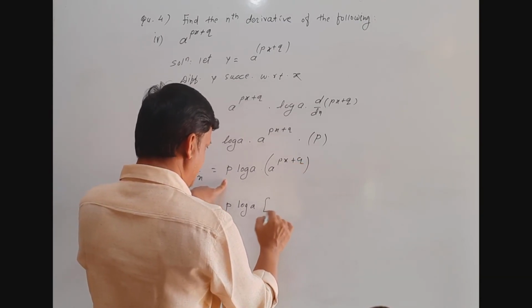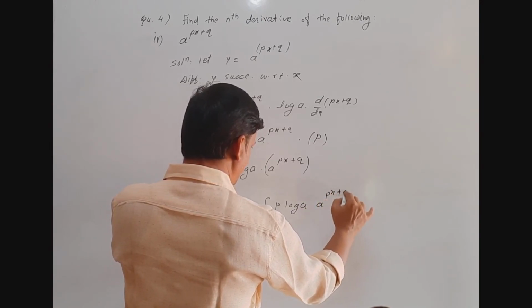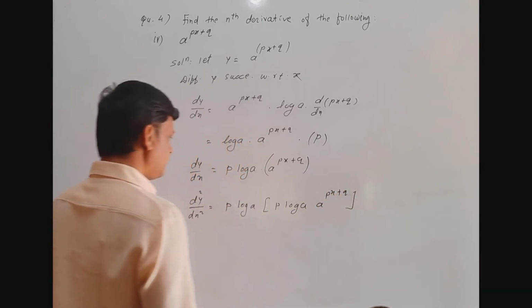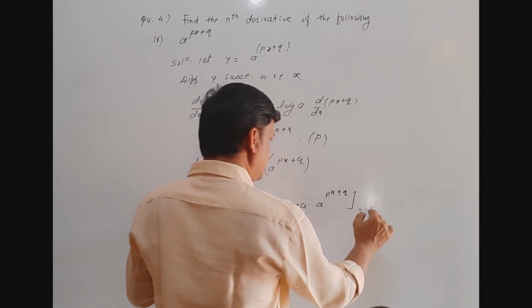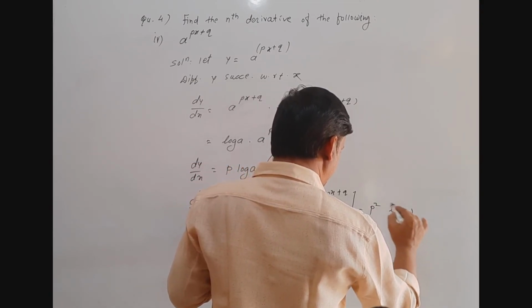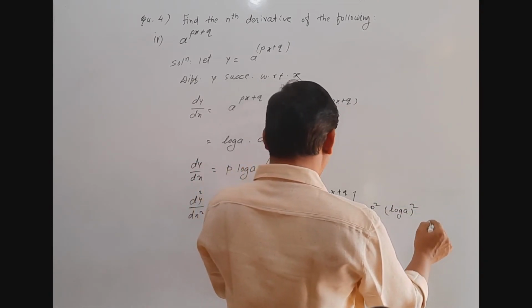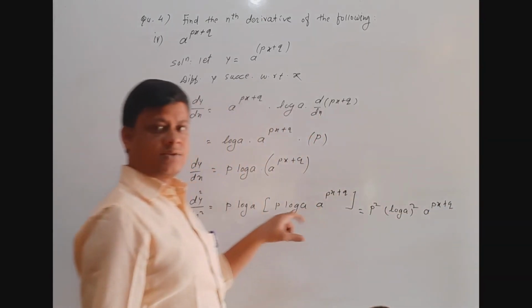So write here p log a into a raised to the power px plus q. So if we multiply p into p, we get p square. Log a into log a, we get log a bracket square, and here a raised to the power px plus q as it is.